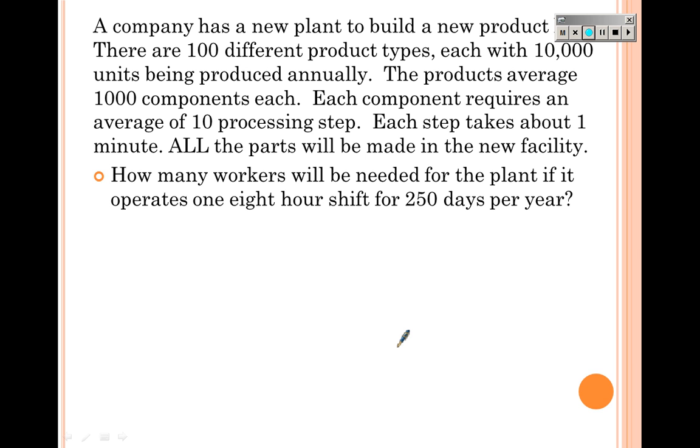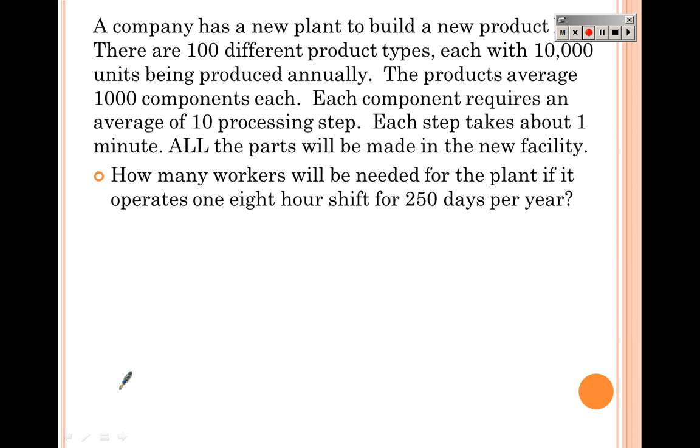When we do that, 8 times 250, that's 2,000 hours to process those things, or 2,000 hours that we're working in our shifts, rather. So if I want to figure out how many workers I need, I take this number, divide it by this, and I'll get my answer for my number of workers.